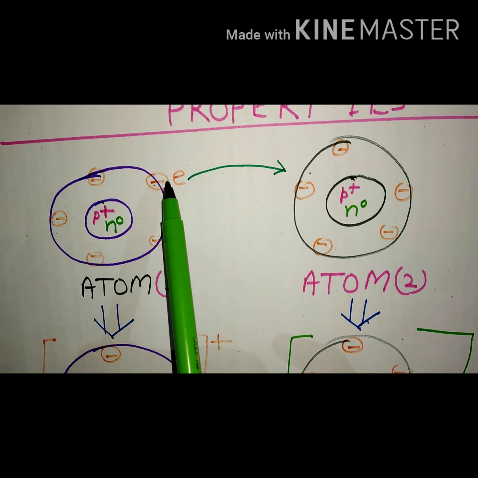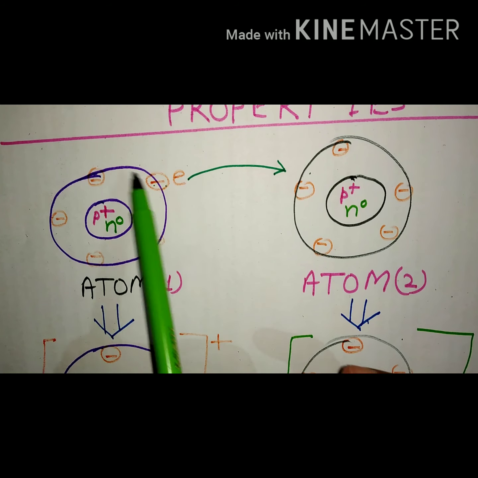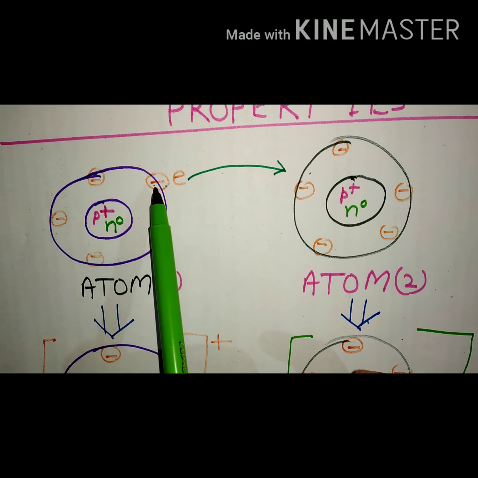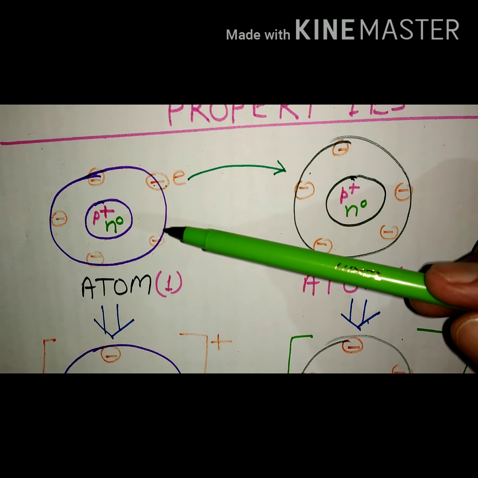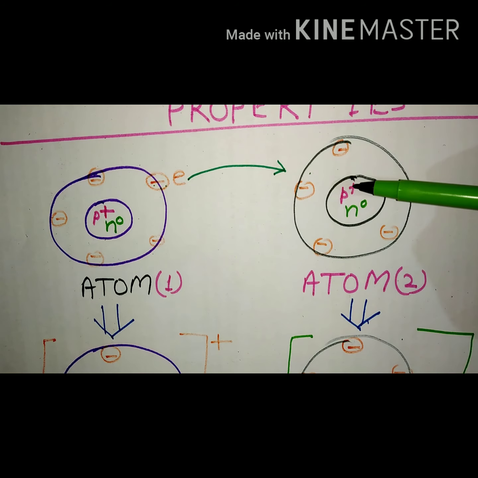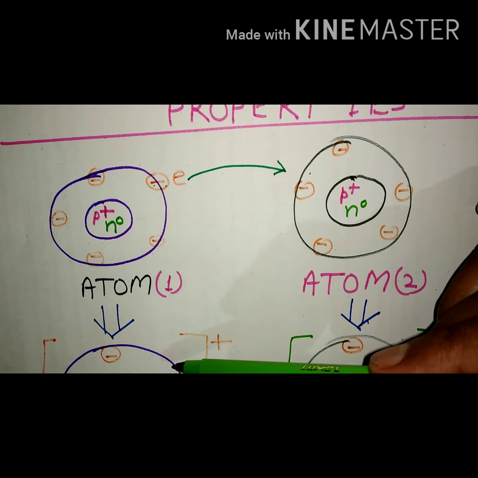When an atom loses an electron, it becomes positively charged, and when an atom receives an electron, it becomes negatively charged. Similarly, we need some methods so that the transfer of electrons can take place and a material can be charged.